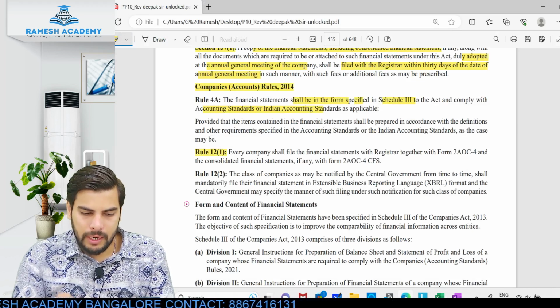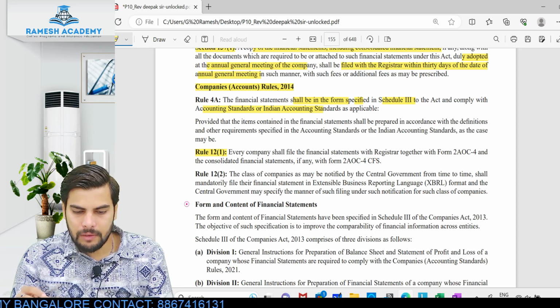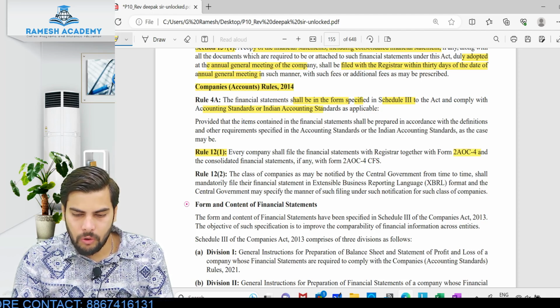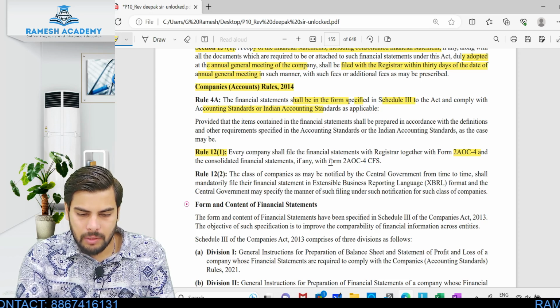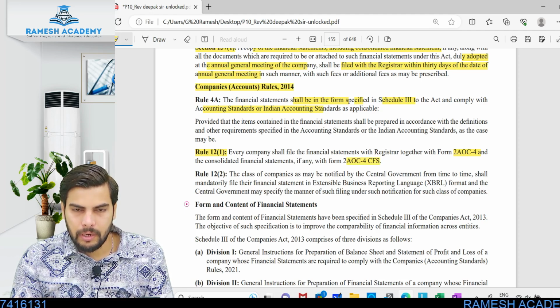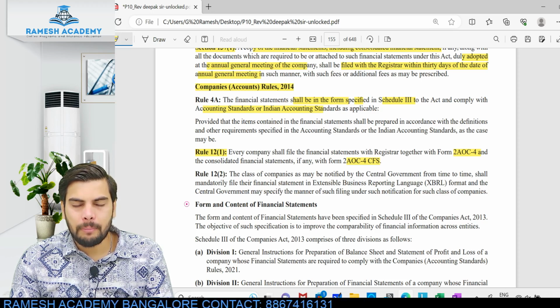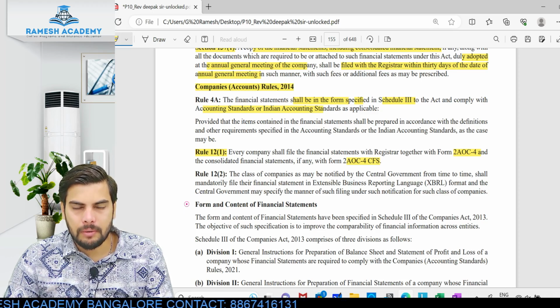Next, every company shall file the financial statement with the registrar together with Form AOC4 and the consolidated financial statement, if any. Remember I told you that within 30 days from the date of conclusion of the annual general meeting, the companies will have to submit the financial statement with ROC.